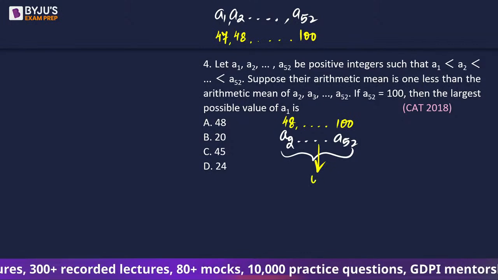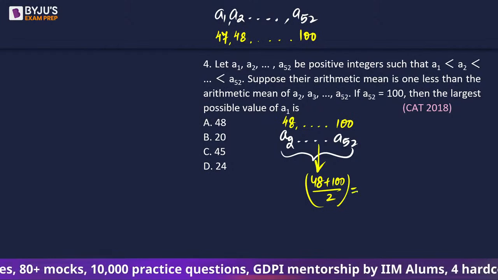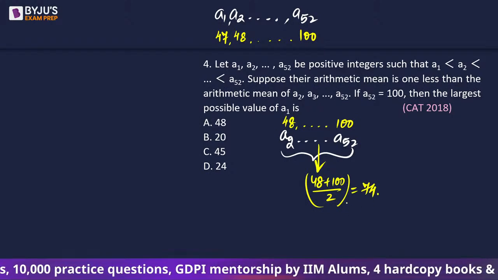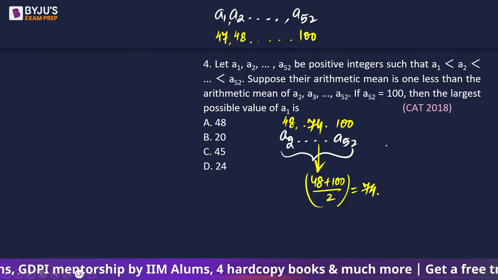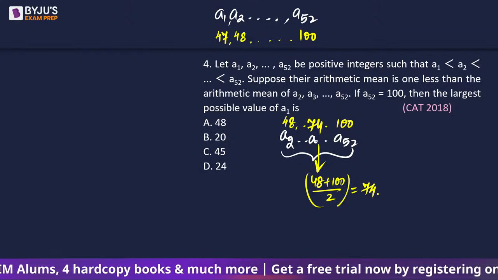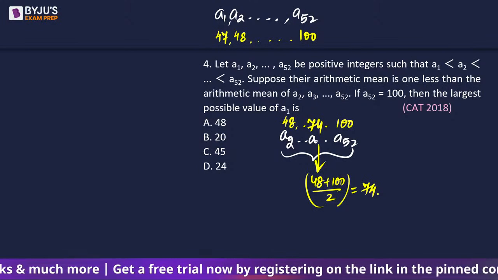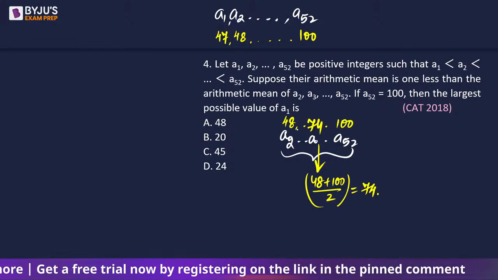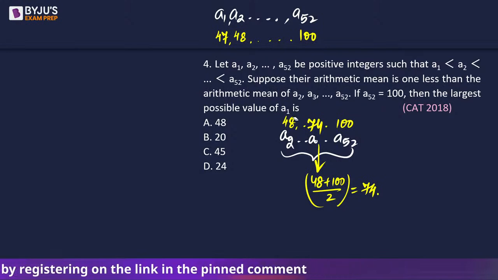So ये हो जाएगा 48 plus 100 by 2, which will give us 148 by 2, 74 हो जाएगा. So 74 is the average of the numbers from A2 to A52, which is actually our 2 में 46... नहीं, A2 is supposed to be 50.